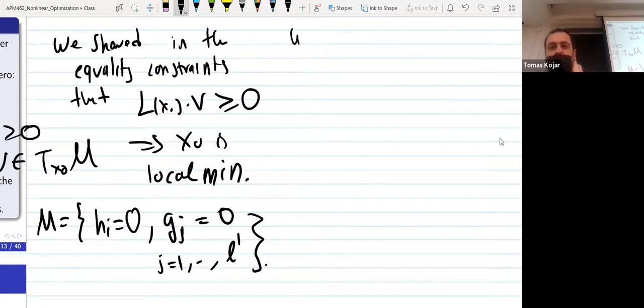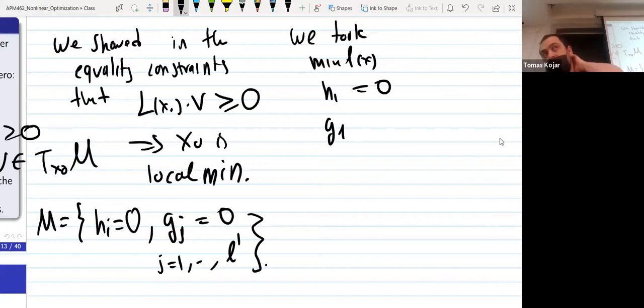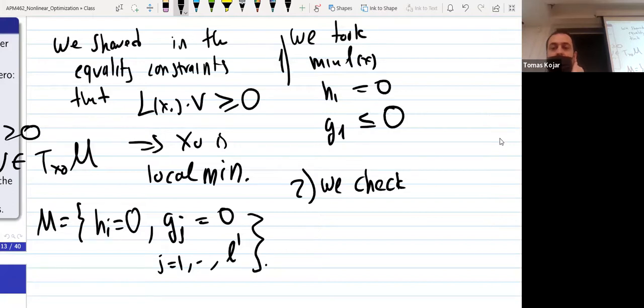So we took the problem: minimize f of x with h1 equal to 0, g1 less than or equal to 0. We want to check x naught as a candidate, which ones are inactive or active.